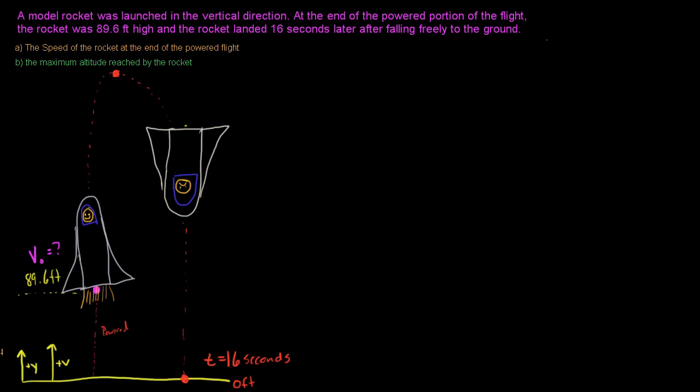If we look at the three kinematic equations, we have: final velocity is equal to initial velocity plus acceleration times time. We have the final velocity squared is equal to initial velocity squared plus 2 times the acceleration times the final minus the initial distance.